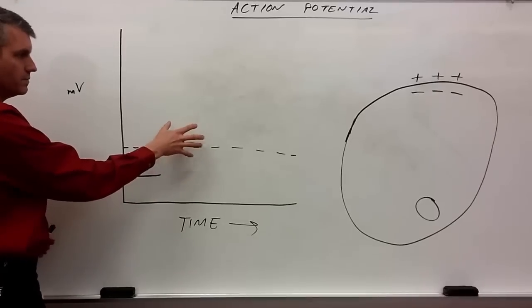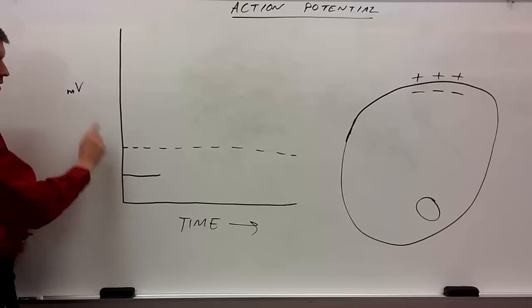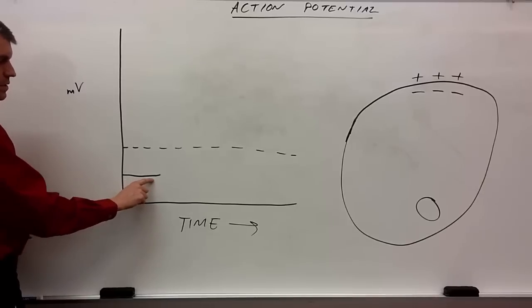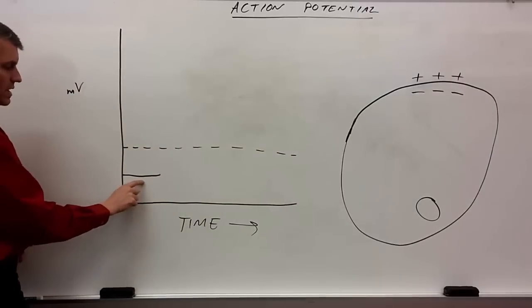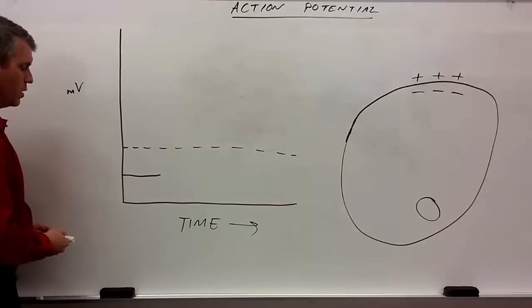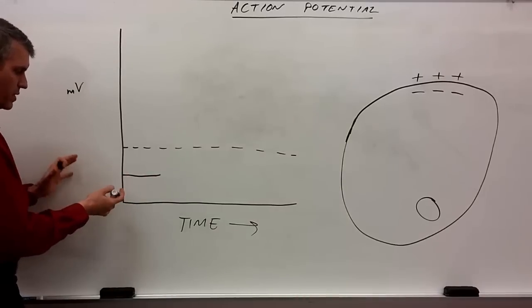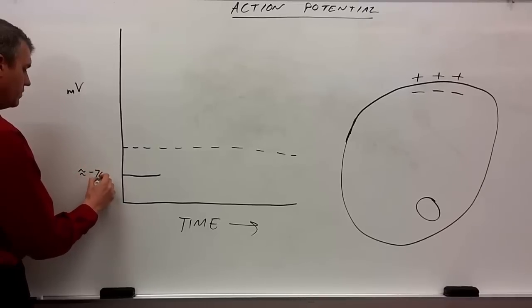Over here we have a graph. And on the graph, the y-axis represents voltage. And this little line here is resting potential. That's that first voltage. When the cell's not being stimulated and it's just at rest, it maintains this voltage. In order to put some numbers on here, I'm going to put around minus 70 millivolts.